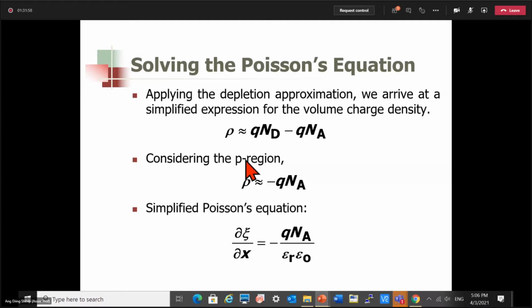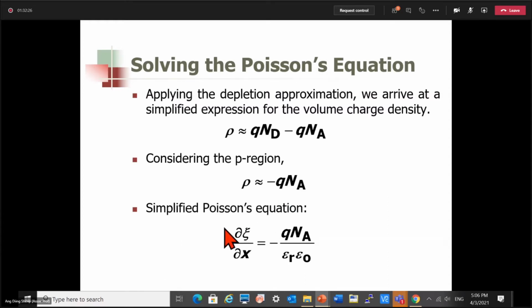If you focus on the p side, there is no donor doping on the p side, so this term disappears. The volume charge density rho can simply be written now as minus QNA. The minus sign comes from the ionized acceptor impurity atoms, so when you calculate this, the Q here should be a positive quantity.